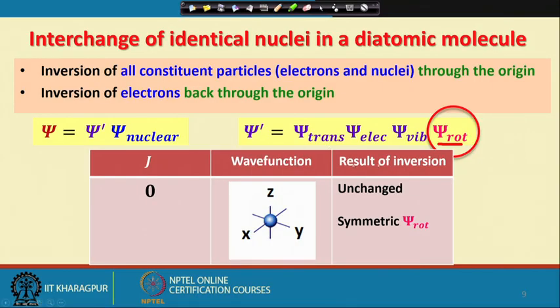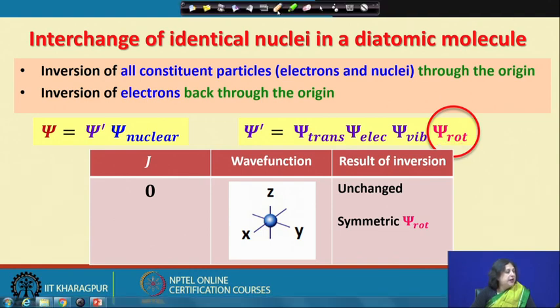So, this is the first case. Psi rot, different rotational wave functions are associated with different rotational quantum numbers j. We have seen that these values of j can vary from 0, then take up values like 1, 2, 3 up to infinity. Now, let me take this first case where j is equal to 0.